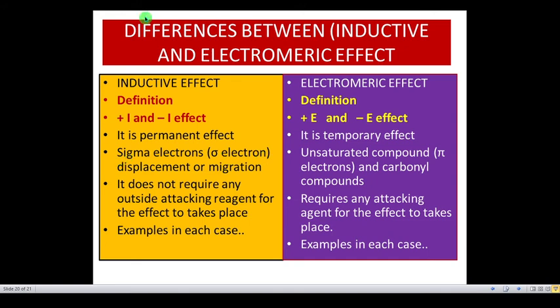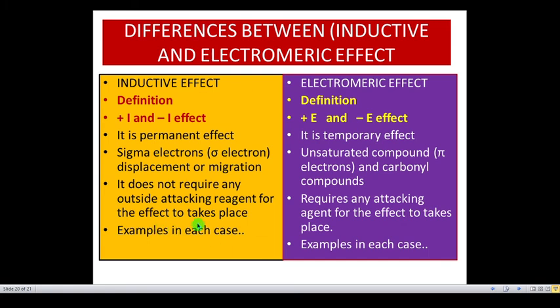The inductive effect involves sigma electron displacement, whereas here the displacement takes place using pi bonds, unsaturated systems or carbonyl compounds. In the inductive effect no attacking reagent or group is needed, whereas the electromeric effect must need some attacking reagent to take place.